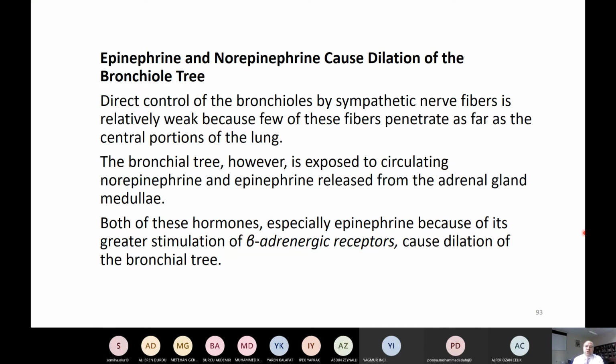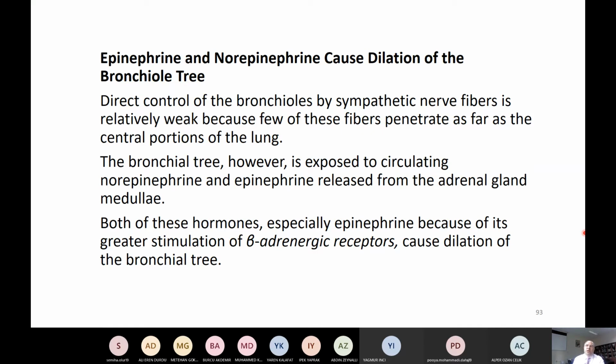Direct control of bronchioles by sympathetic nerve fibers is relatively weak because few of these fibers penetrate as far as the central portions of the lung. The bronchial tree, however, is exposed to circulating norepinephrine and epinephrine released from the adrenal gland. Both of these hormones, especially epinephrine, because of its greater stimulation of beta-adrenergic receptors, cause dilation of the bronchial tree.